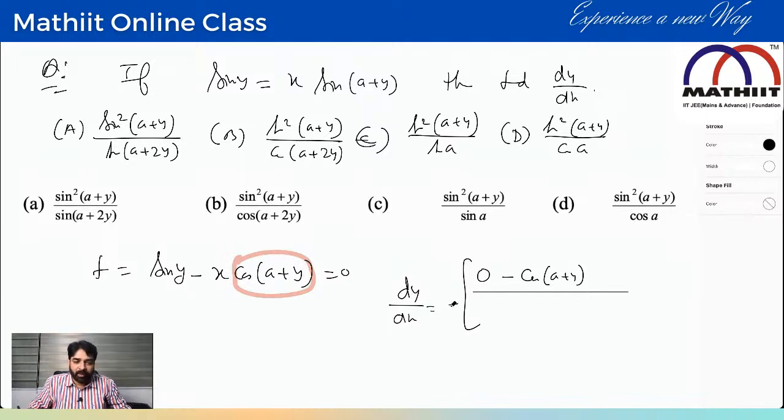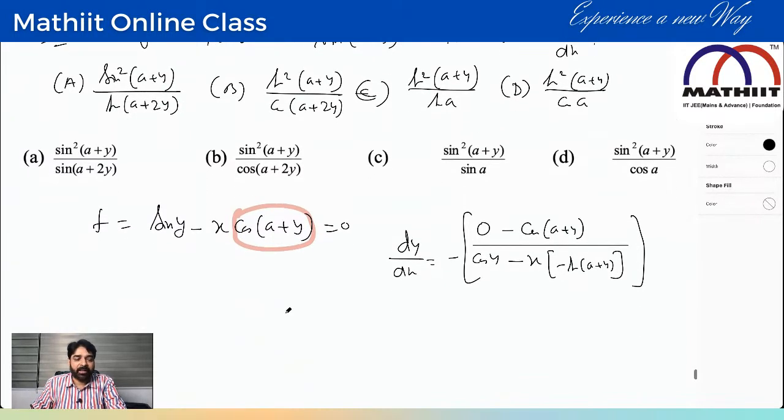So this will become cos y minus x constant will come out, and this differentiation will be minus sin(A plus y). I hope it's clear to everybody. So dy by dx will be equal to minus, cancel here, cos(A plus y) divided by cos y plus x sin(A plus y).